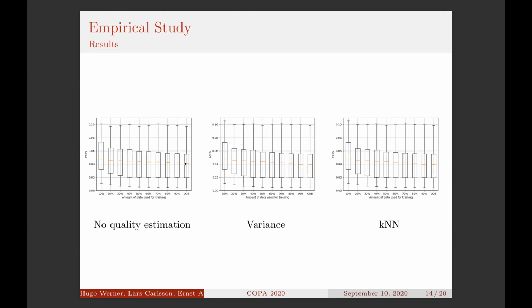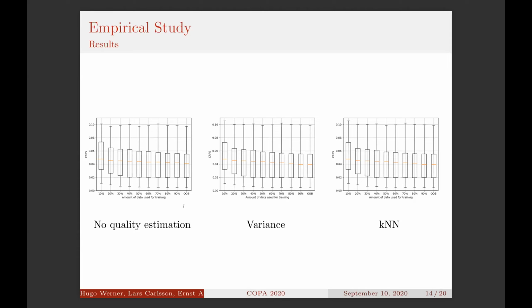And the one second to the right is where we'd use 90% for training and 10% for calibration. And the one all the way to the right is when we used all the data for training and the out-of-bag predictions for calibration. And as you can see, they are very similar, which is perhaps as expected.